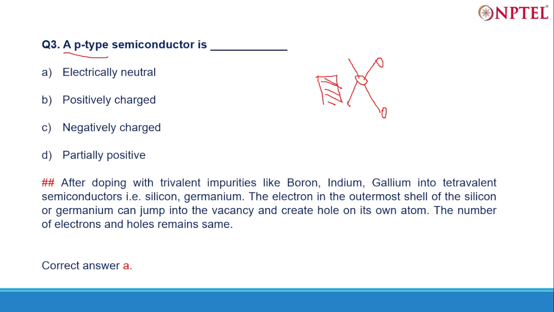So the fourth bond can be formed by taking an electron from here, or by sharing electrons in a covalent bond.